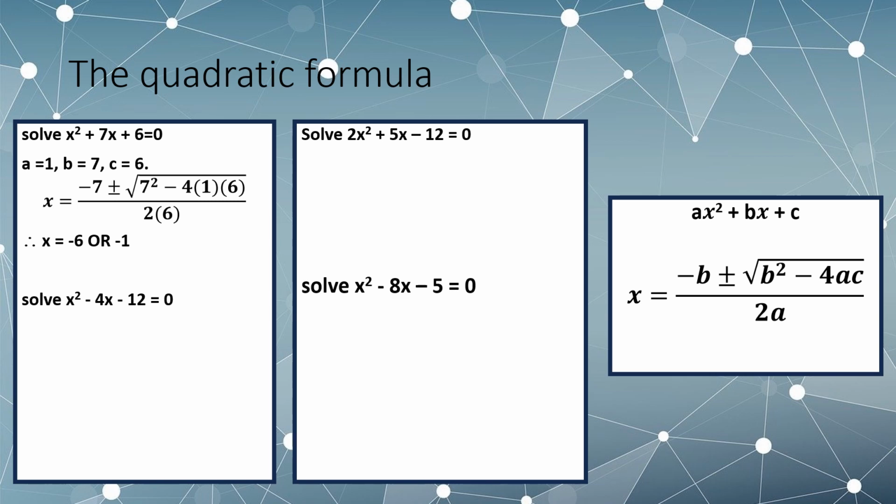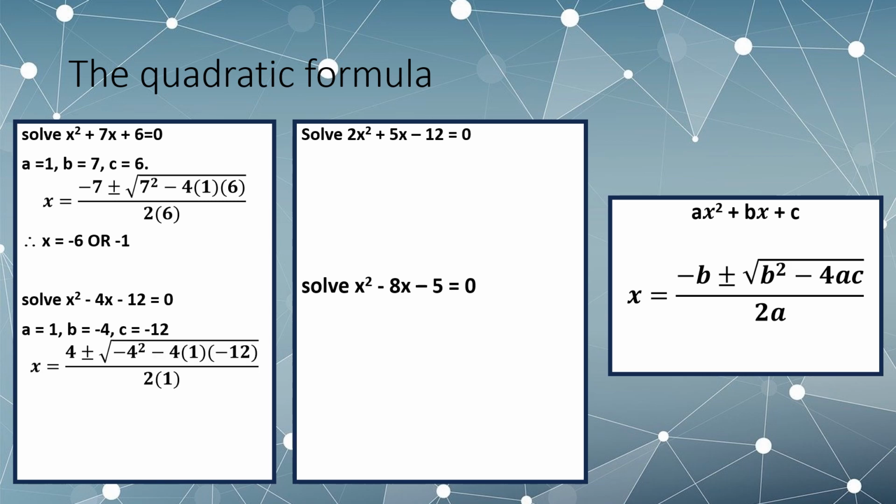Okay, looking at another now. x squared subtract 4x take 12 equals 0. So our a value is 1, our b value is negative 4, and our c value is negative 12. Remembering it's important in this case to remember your negative values. So x is equal to 4 plus or minus square root of negative 4 squared.